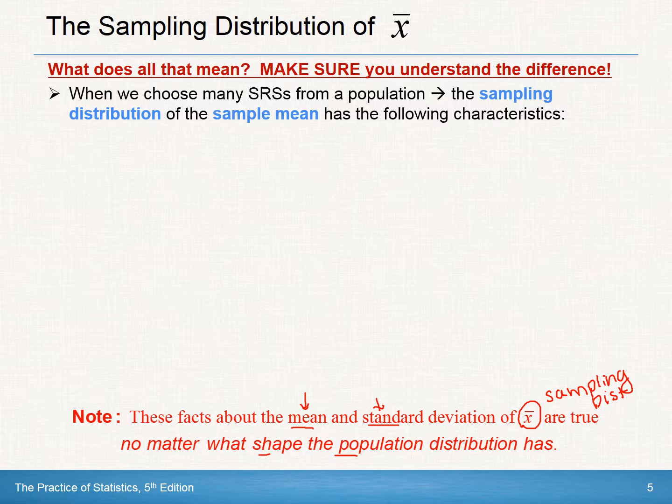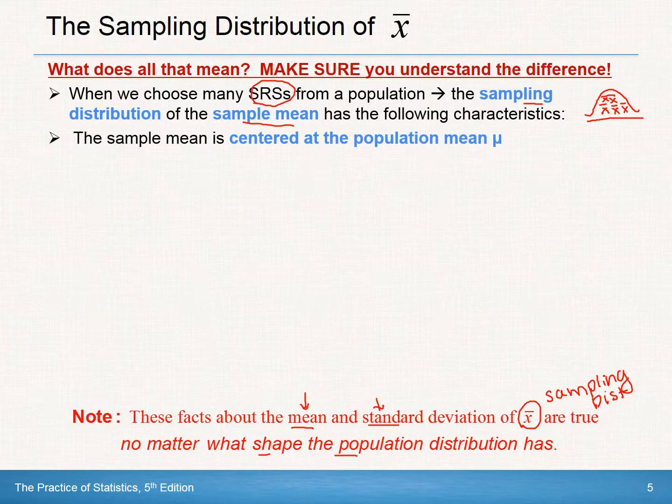When we choose many simple random samples from a population, the sampling distribution of the sample mean, why is it the sampling distribution of a sample mean? Because the graph that I have created is not individual values, but a whole bunch of averages of individual values. The sampling distribution is centered at the population mean mu, so they do have the same mean.